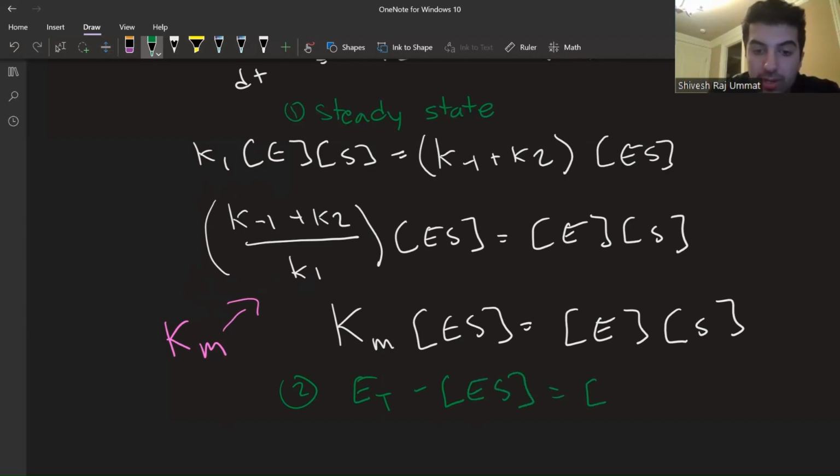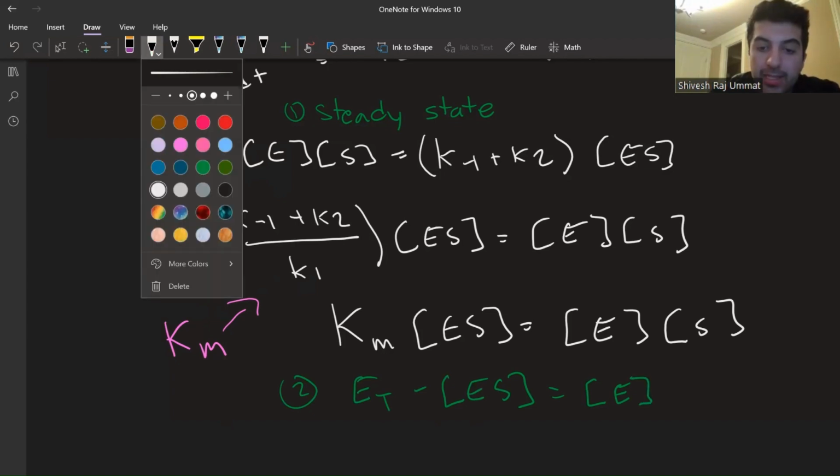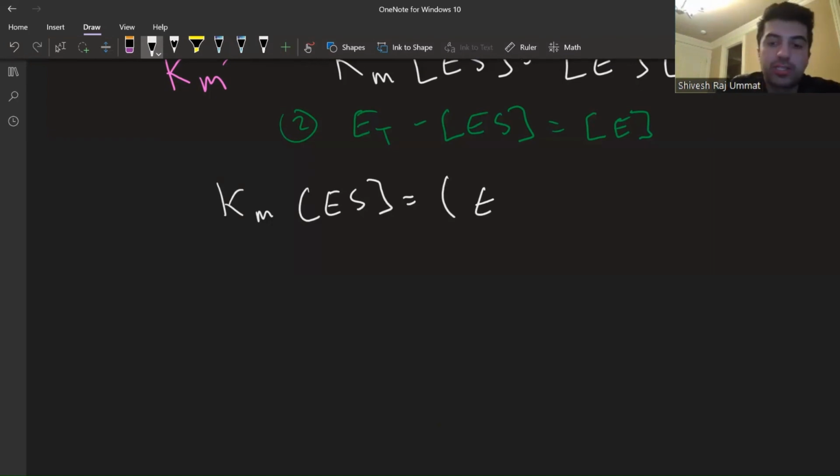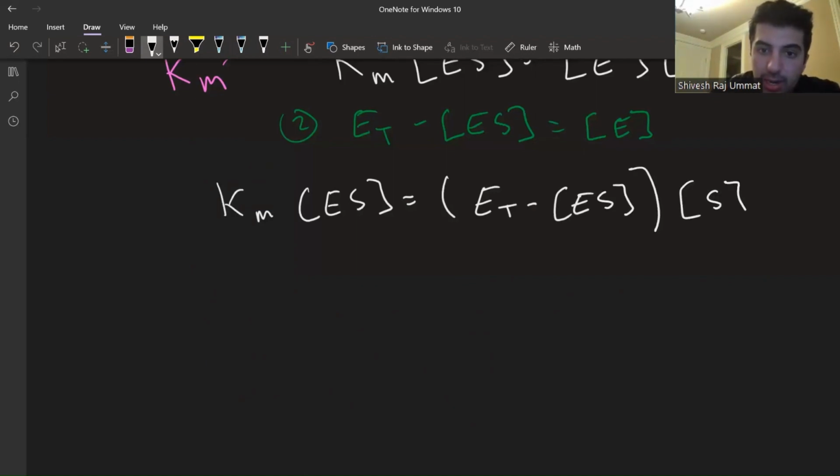And now at this point, we can actually use our second assumption of the isolated system. And in this case, I wrote it out so that we have the free enzyme concentration on the right side because we actually want to get rid of that term. So we're going to substitute in and put everything in terms of ES and E total. So we're going to perform that substitution here.